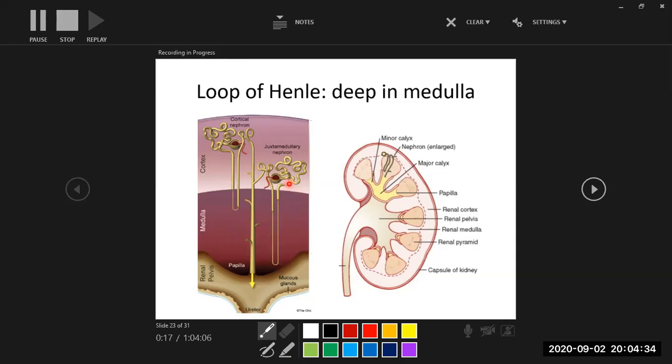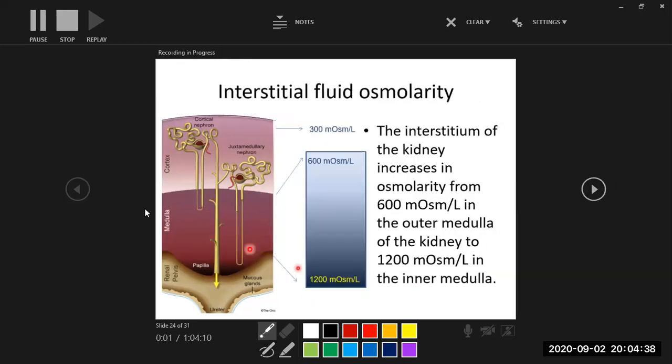The medulla has high concentration. In the cortex, the concentration is equivalent to isotonic, the same concentration as the plasma and the proximal convoluted tubule, 300 milliosmol.